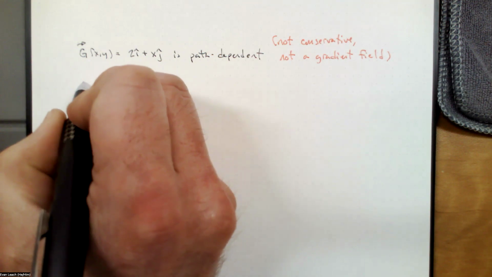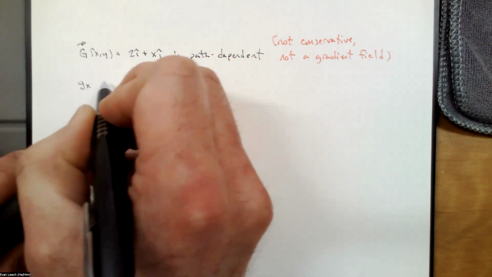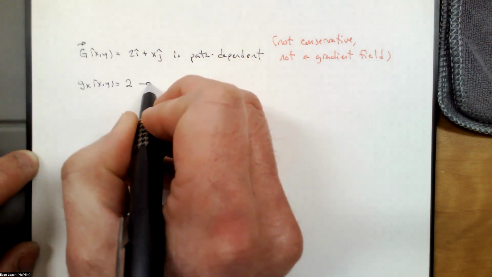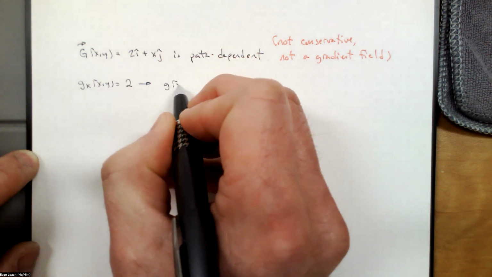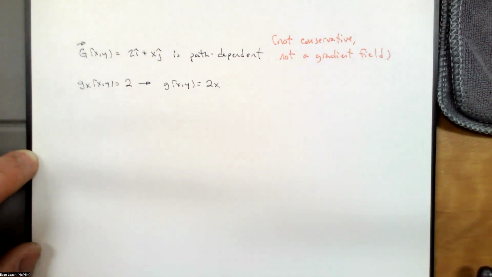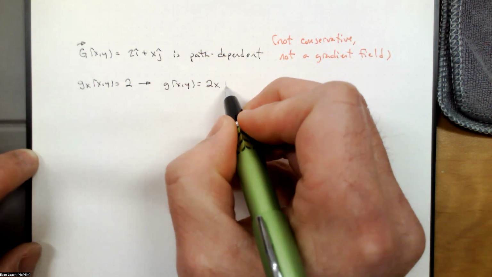If we tried to find some potential function, then gx of xy would have to look like 2, which means g of xy would have to look like 2x plus some constant with respect to y.